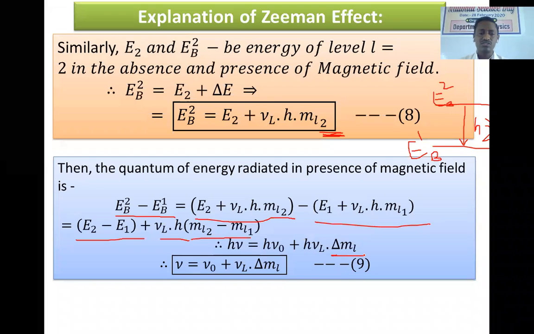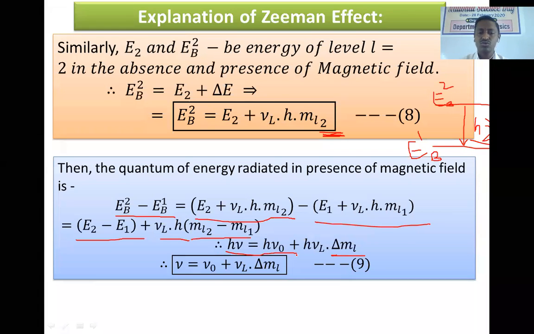So the equation simplifies to the form of energy radiated during the transition, as I have told here, as h nu. So h nu equals E2 minus E1, the energy change between two levels before the magnetic field, so it can be written as h nu 0, the energy of the original line, plus h nu L into delta ml.